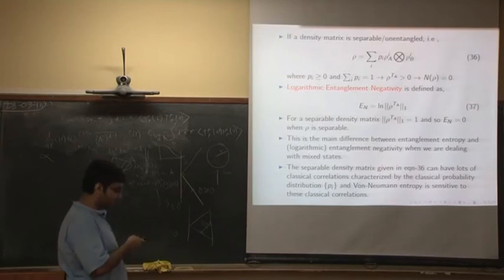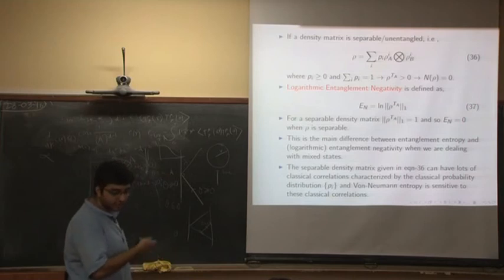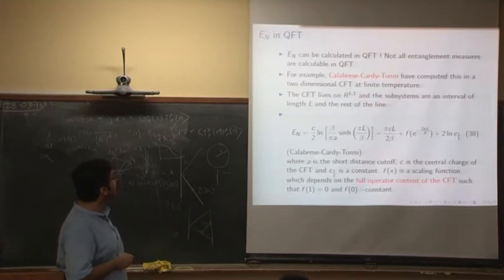That is one of the things which you need, because we see that in the infrared at a very high temperature, when the field theory has no quantum entanglement, the entanglement negativity may be able to see that. Now this calculation fortunately was done recently.